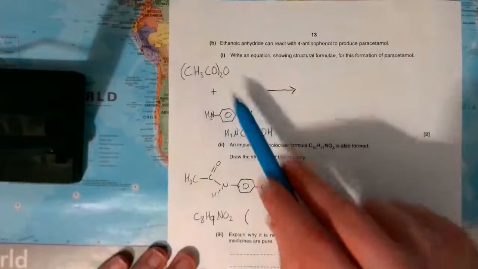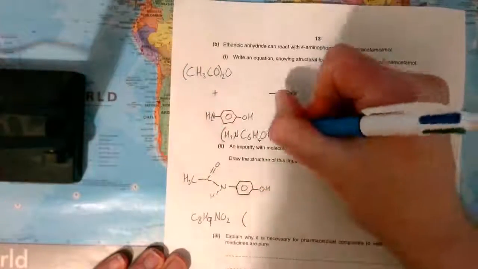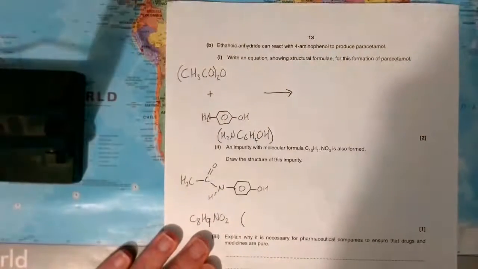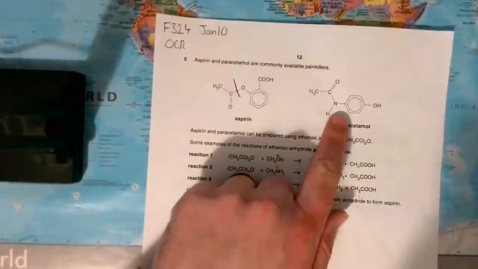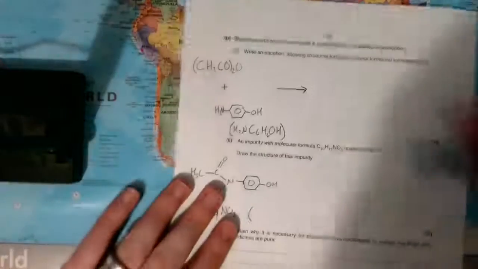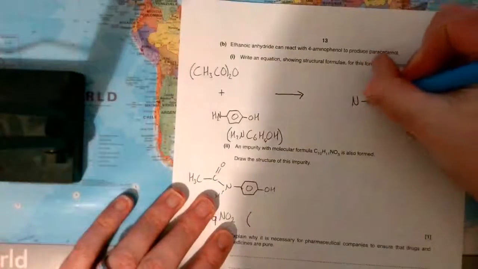You can do either. Either of these ways were accepted. I'm going to do this because it's certainly got some more information given for us, and well, hang on, paracetamol's already given to us, so fine, I will take that.